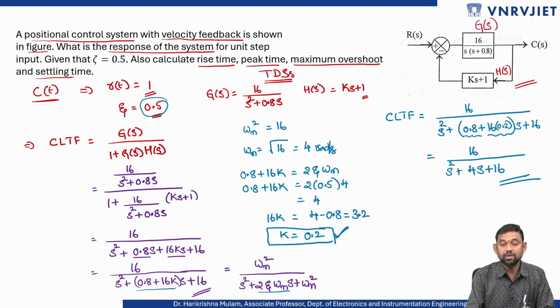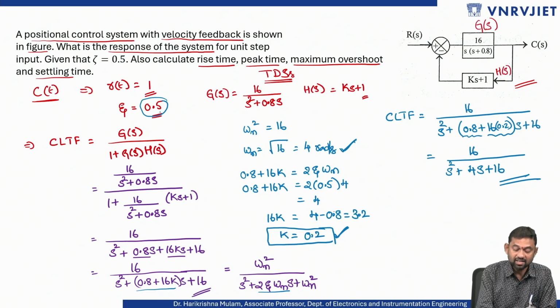This is the closed loop transfer function of this positional control system, and its undamped natural frequency is 4 radians per second. As the damping factor is 0.5, such a system is an underdamped second order system.